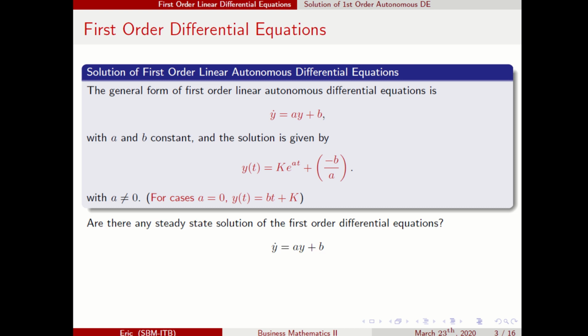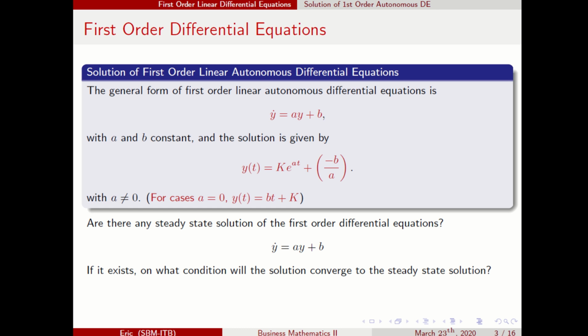So another question: if I know the solution of this first order linear autonomous differential equation is this when a is not 0 and this when a is 0, I want to ask, is there any steady state solution of the first order linear autonomous differential equation? If there is, on what condition will the solution converge to the steady state solution?